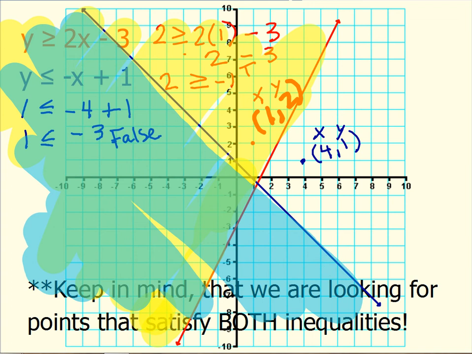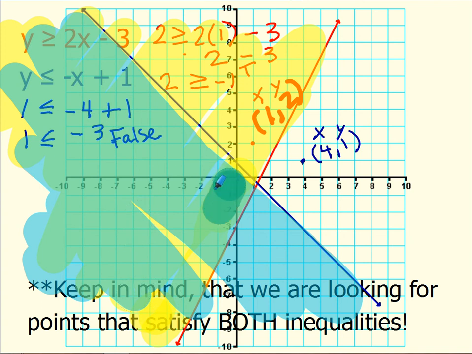When I have both shadings in, this is where the system actually comes into play. Remember, I want to find all of the points that make both inequalities true. All of the yellow shading makes my first inequality true. All of the blue shading makes my second inequality true.